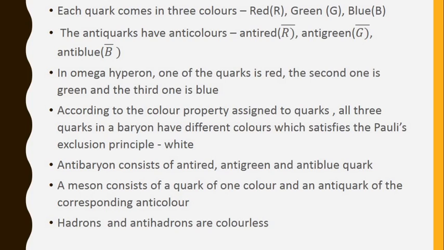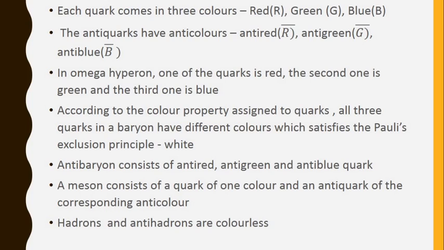It has nothing to do with physical color. We are giving it the name of physical colors to help us distinguish between these three s quarks. So each quark comes in three colors, red, green and blue, and they have anti-colors like anti-red, anti-green and anti-blue.